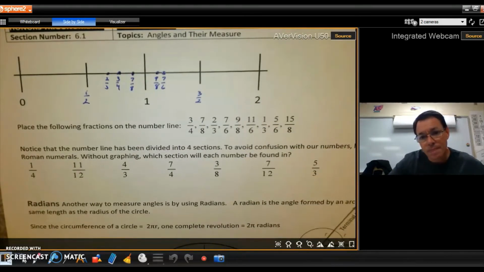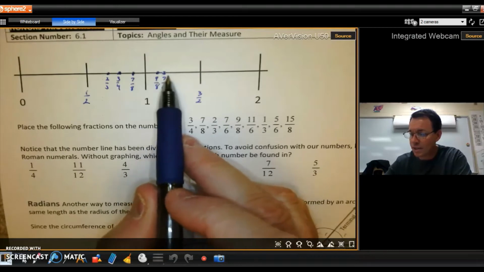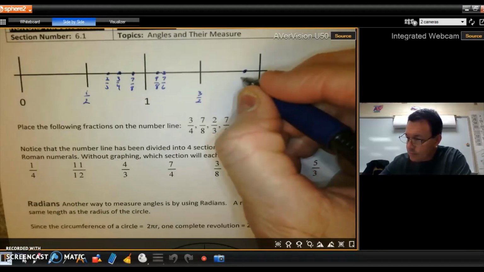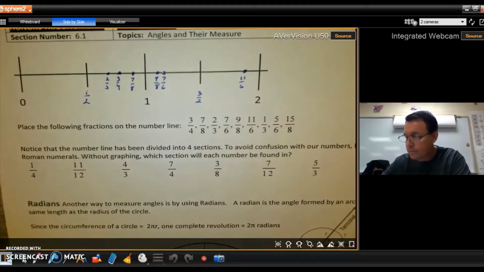Where's that going to be? 11/6 is almost 2. 12/6 would be 2. So we're just shy. We're like that same 1/6 amount, but from 2 in this direction. So how about here? So 11/6.